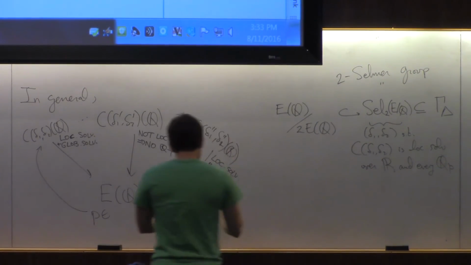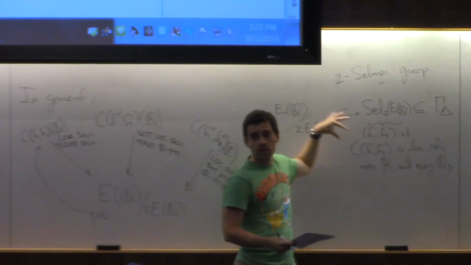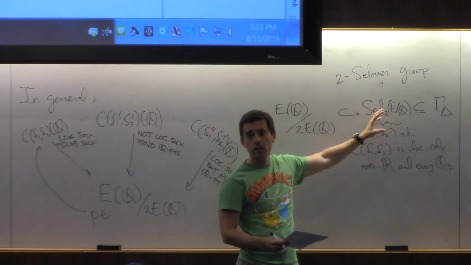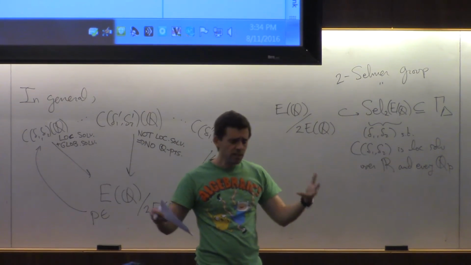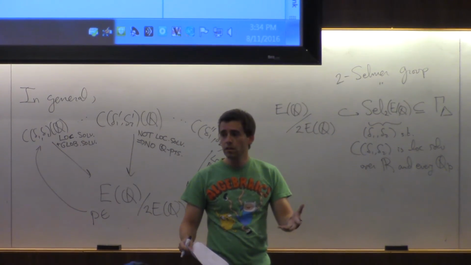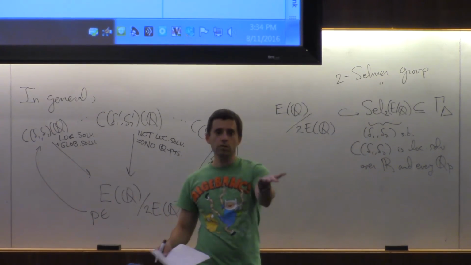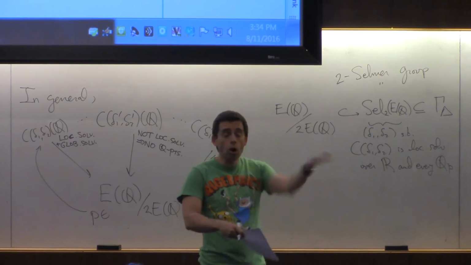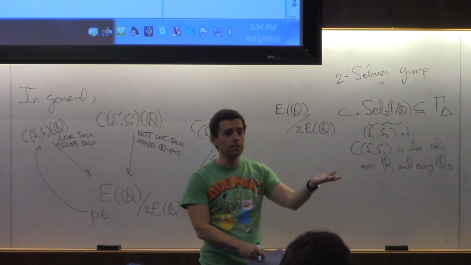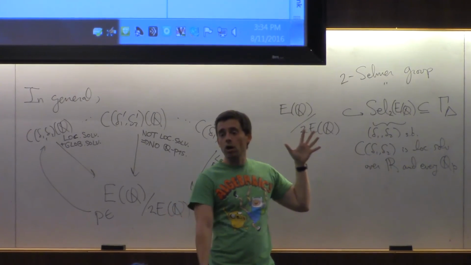And as I said, we want to measure the badness of this. Since this is a subgroup of this, that's the subgroup of the Selmer group that I'm interested in, I can do the quotient. If you've seen number fields, when you're trying to figure out, is my ring of integers of my number field, is Z adjoin i, is it a PID? What I can do is look at, well, give me all the principal ideals. I'm going to mod out by the, give me all the ideals, mod out by the principal ideals, and that will give me a size of how many ideals are non-principal.